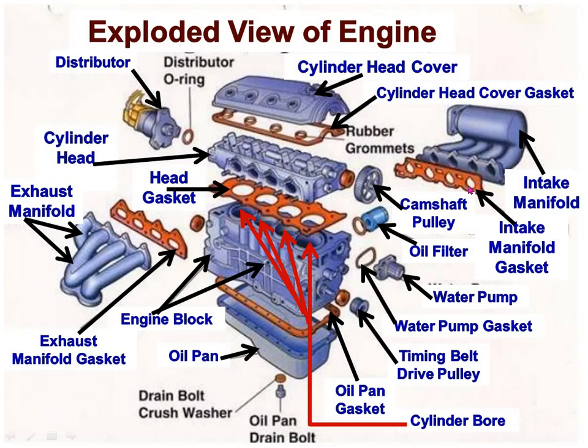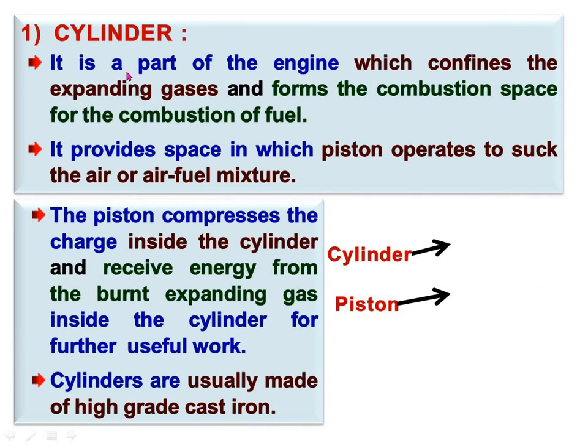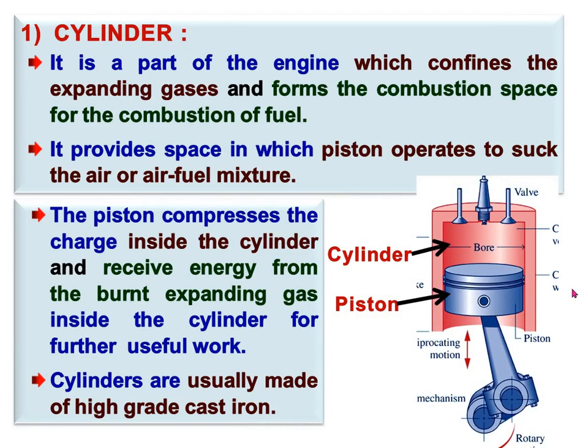We will see each and every part in detail. First, we will see the cylinder. See, this is the piston and this is the cylinder. Inside the cylinder, the piston moves in a reciprocating motion. Let me define the cylinder.